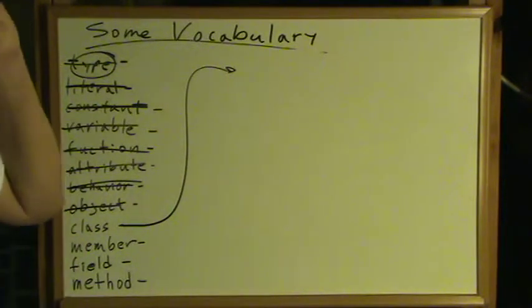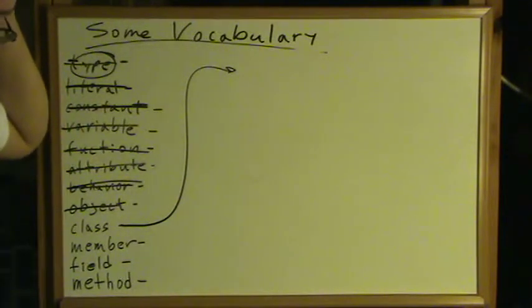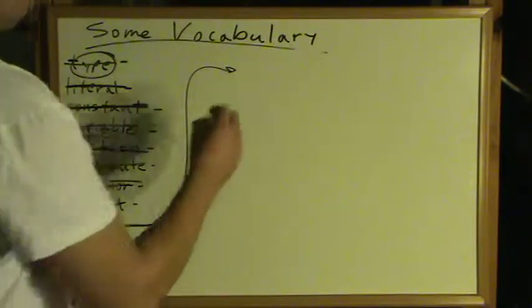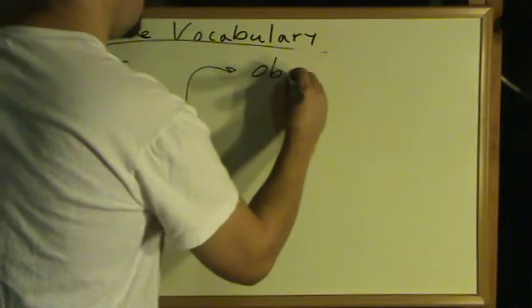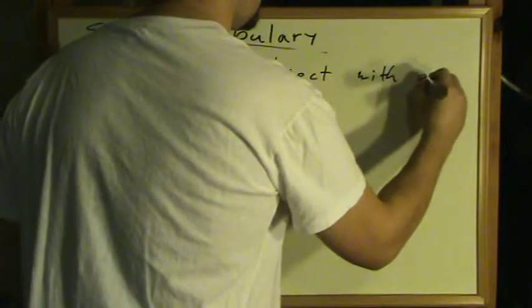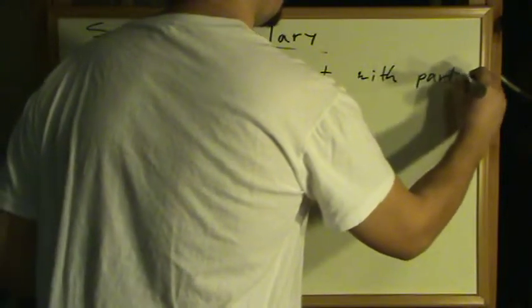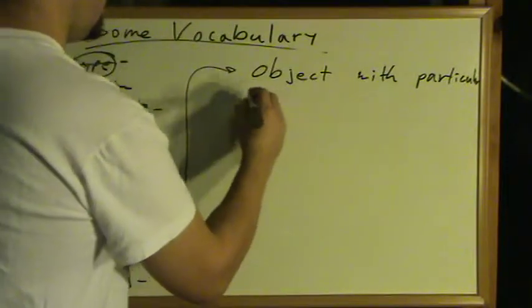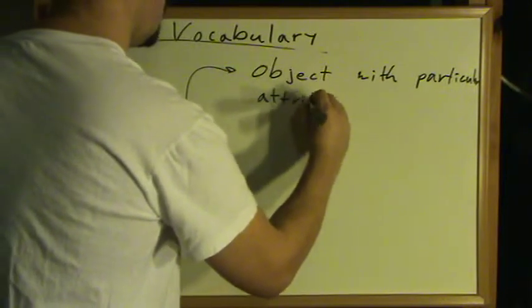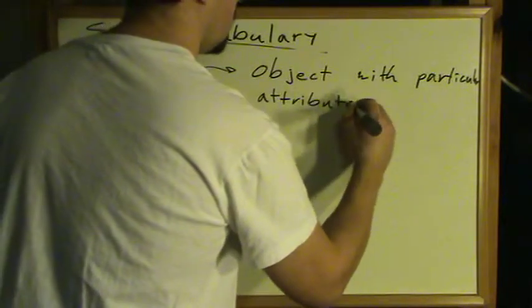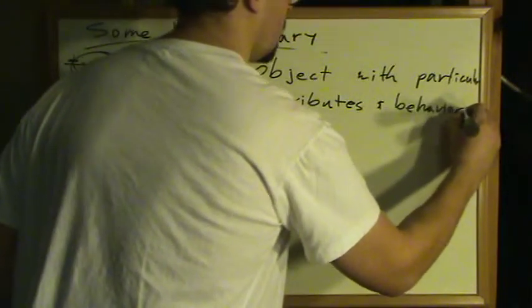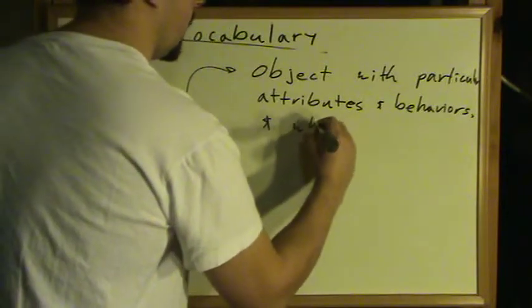In object-oriented languages, and particularly C++ and C#, a class is an object with particular attributes and behaviors. And which has a name.